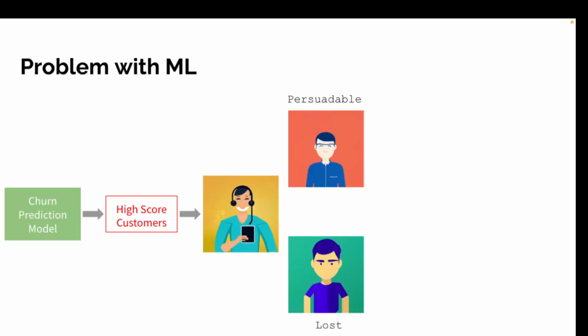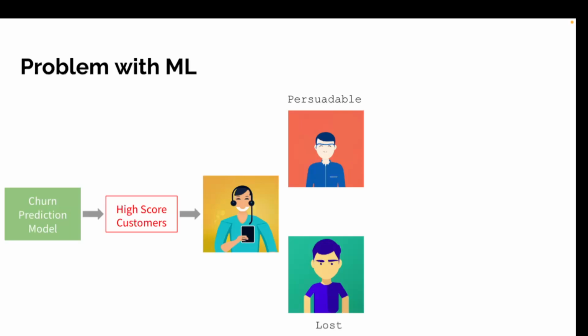For the sake of simplicity, let's assume that the people the customer center calls are divided into two groups. Probably there are others, but just to simplify, let's say there are just two groups.